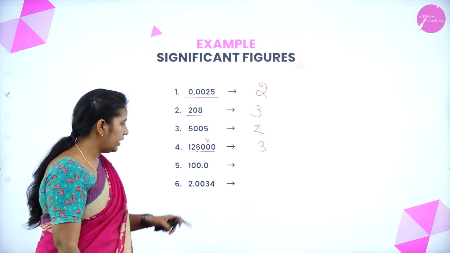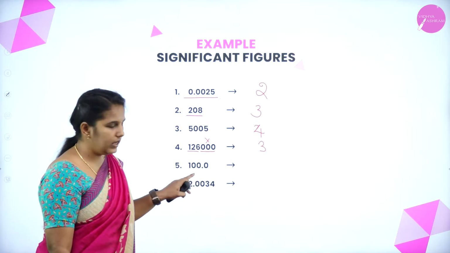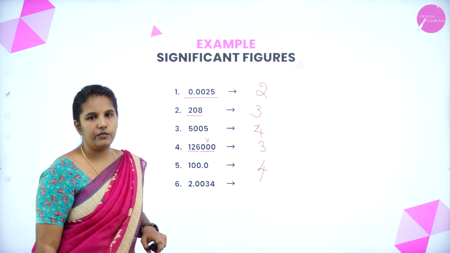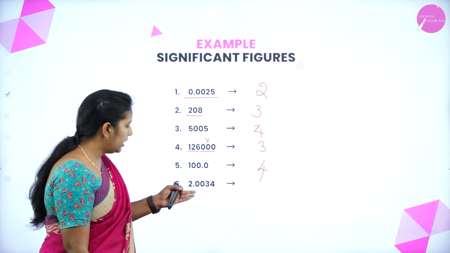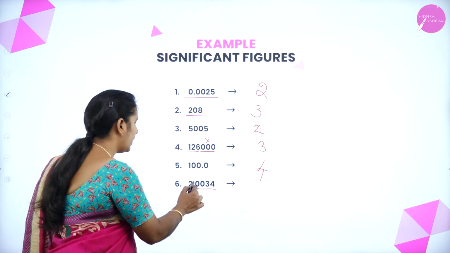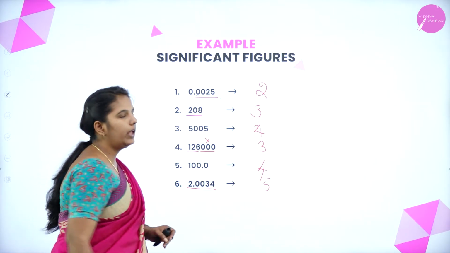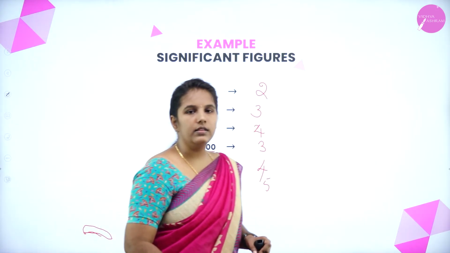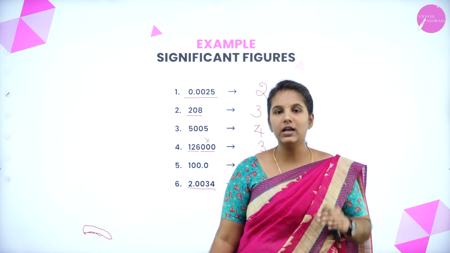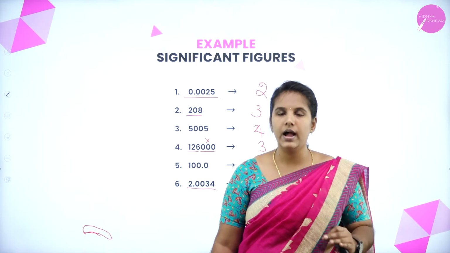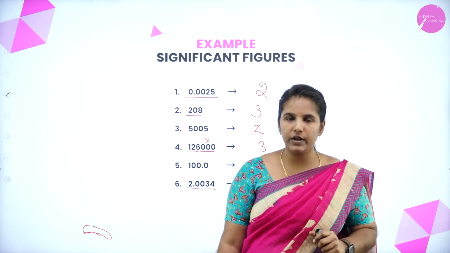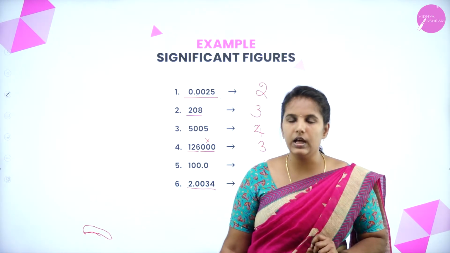Coming to this one, again rule 4 will be applied. Here the decimal point is there, so there are 4 significant figures. Coming to this, the same thing is applied, and for this, 1, 2, 3, 4 and 5. So 5 significant figures will be there. This is how in your examination, by giving such numericals, they ask you to find the significant figures. And it's very simple. Keep the rules, apply them, and then identify the significant figures present in the digits.